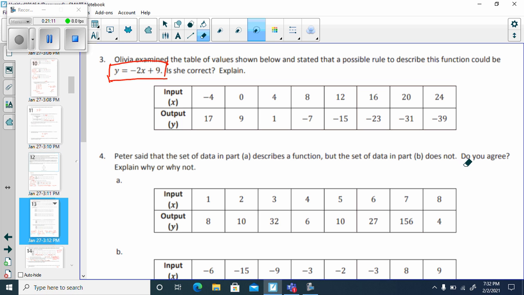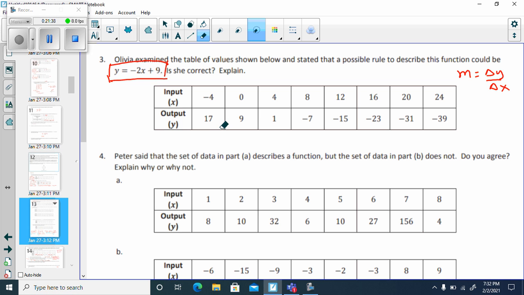Now, first off, I need to see if the points will fit on here. We're going to assume that this one's linear, okay, but we could check the slope to see for sure. We know that we need a slope of negative 2. Our slope would be change in y over change in x, all right?